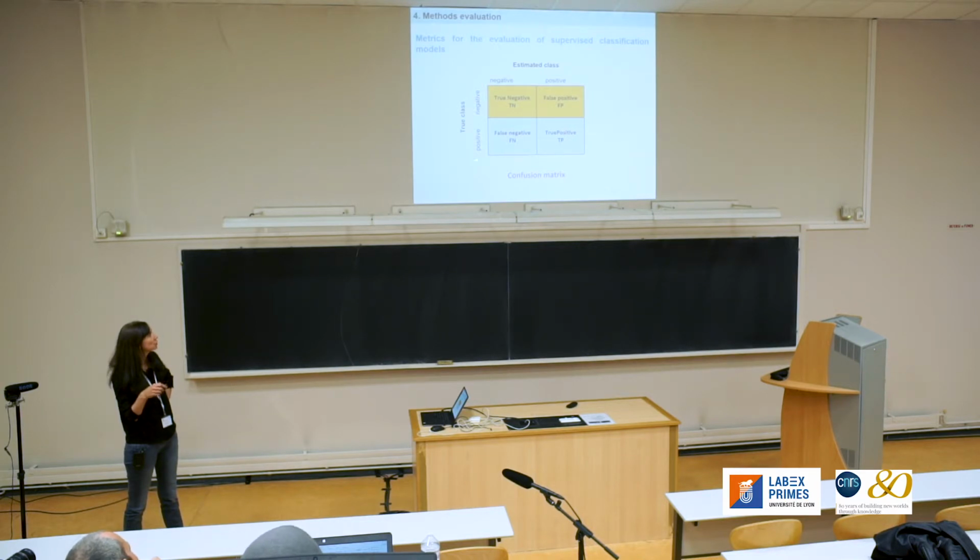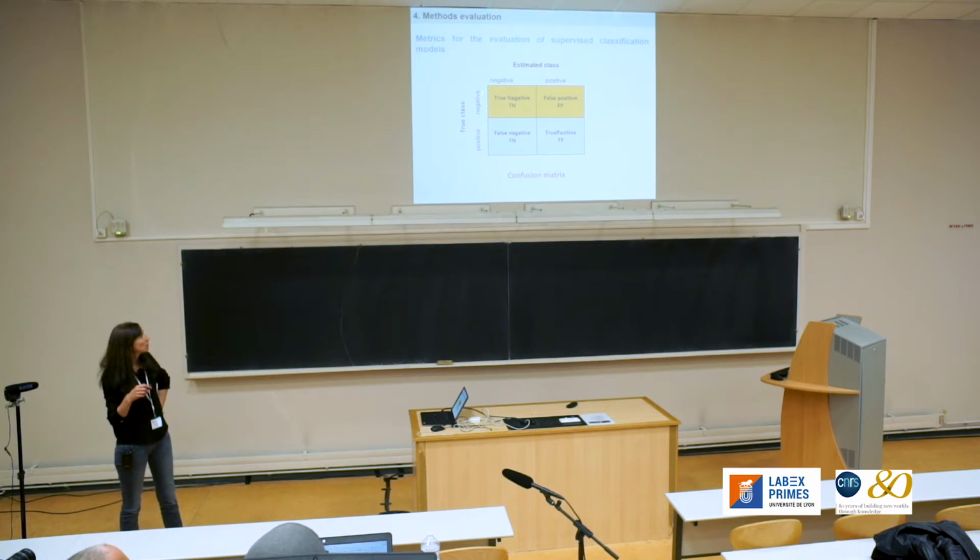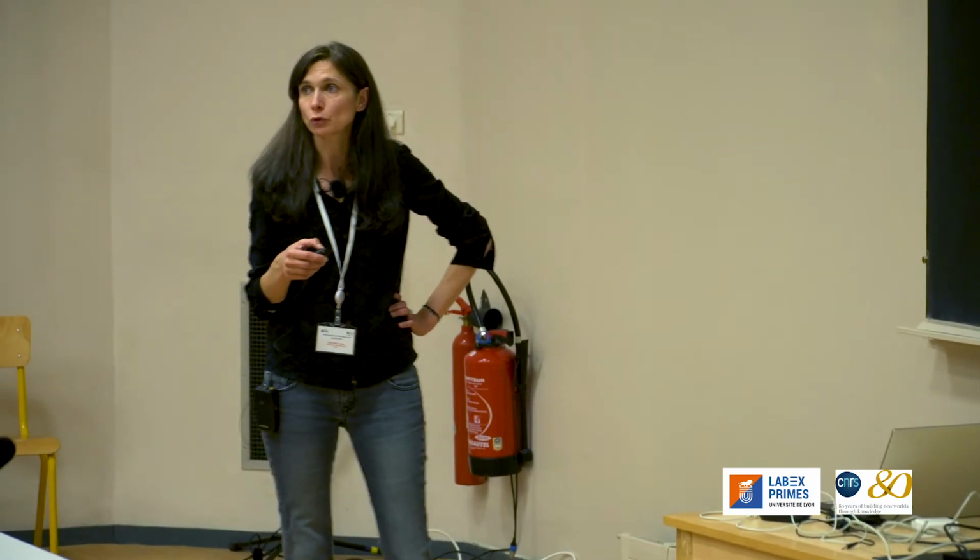You have some negative and some positive samples. And here are the corresponding predicted outputs of your system. When your true class was negative and your system output a negative class, then you have a correct answer. Your system doesn't make any error.